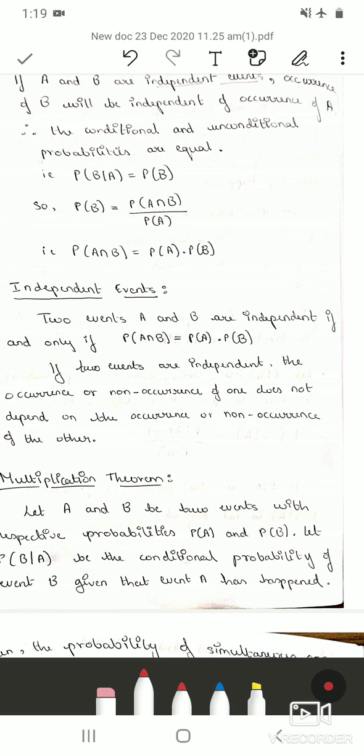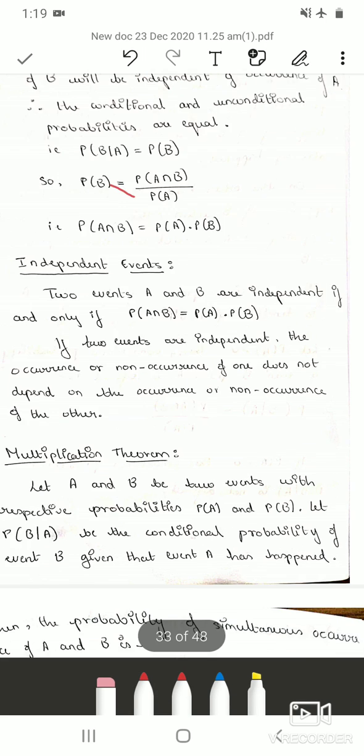That is, probability of B given A is equal to probability of B, which is equal to probability of A intersection B divided by probability of A. Therefore, probability of A intersection B would be probability of A into probability of B. That is, probability of A is taken to left hand side.